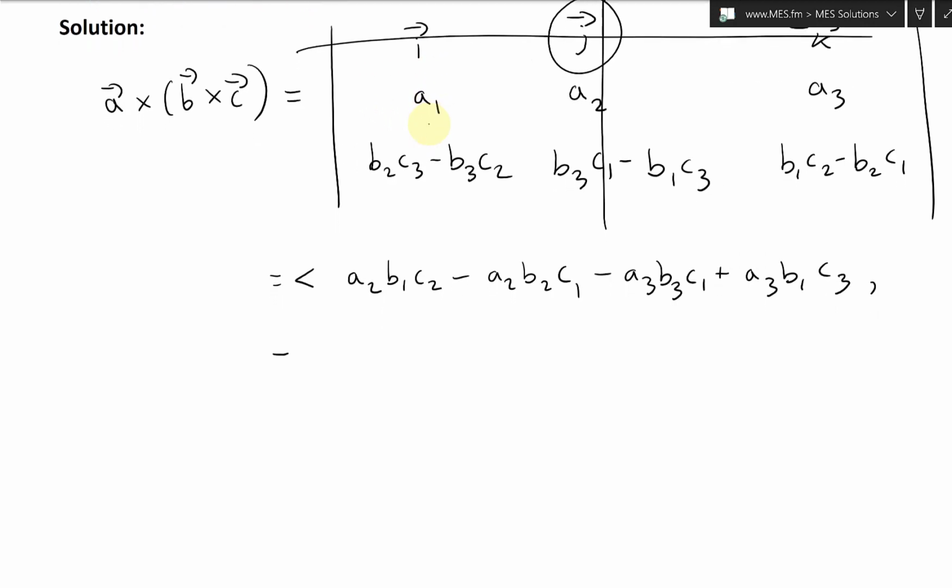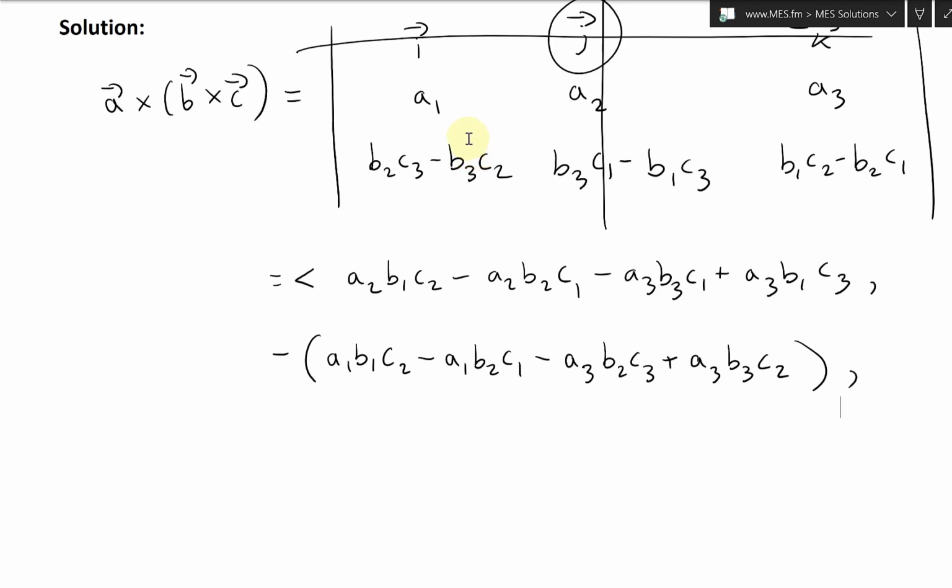Now we're going to have a negative, then bracket a1 times this setup here: a1, b1, c2, minus a1, b2, c1, and then minus a3, b2, c3, minus, but then there's another minus, so it's positive, a3, b3, c2, and then close bracket, and then comma.